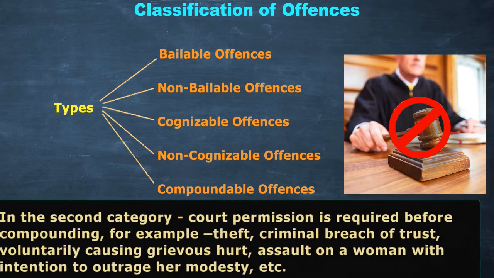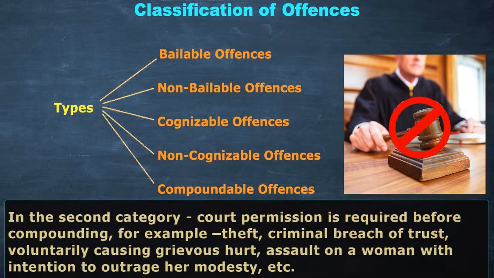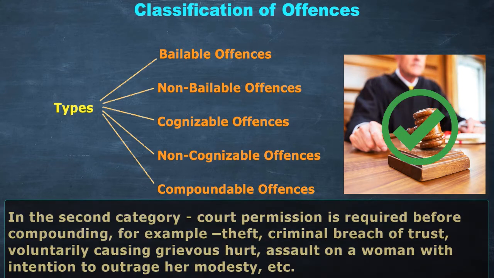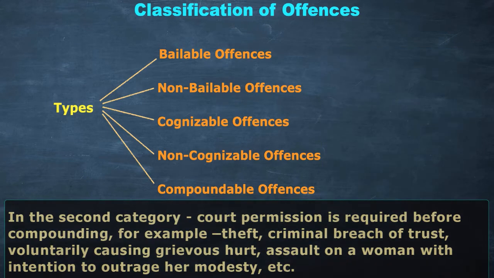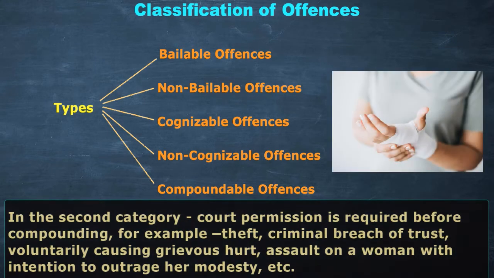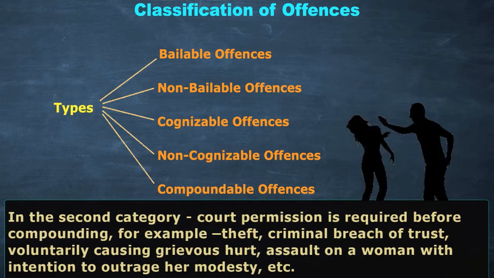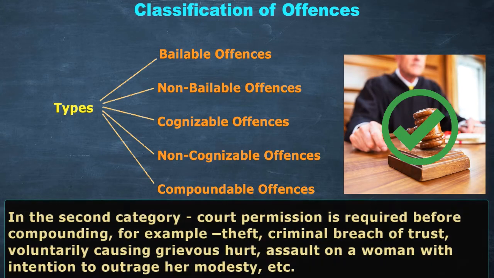But in the second category, court permission is required before compounding. For example, theft, criminal breach of trust, voluntarily causing grievous hurt, assault on a woman with intention to outrage her modesty, etc. These are of course minor crimes, but to resolve or compromise them, court permission is essentially required.